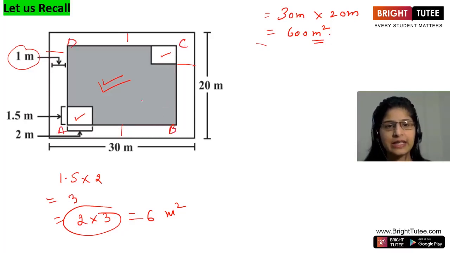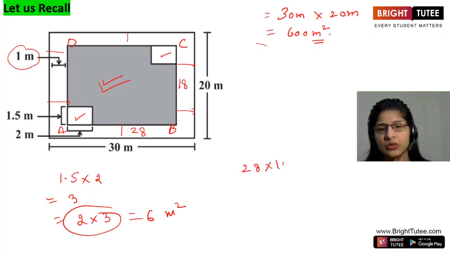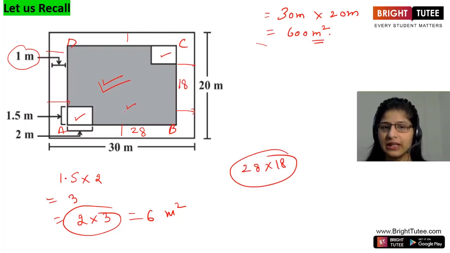This is a rectangle, and what will be AB? The complete is 30. From this side you subtract 1, from this side you subtract 1. So 30 minus 1 minus 1 gives us 28. What about BC? The complete is 20. From top and bottom you subtract 1 and 1, you get here 18. So the area will be 28 into 18, of this inner one.